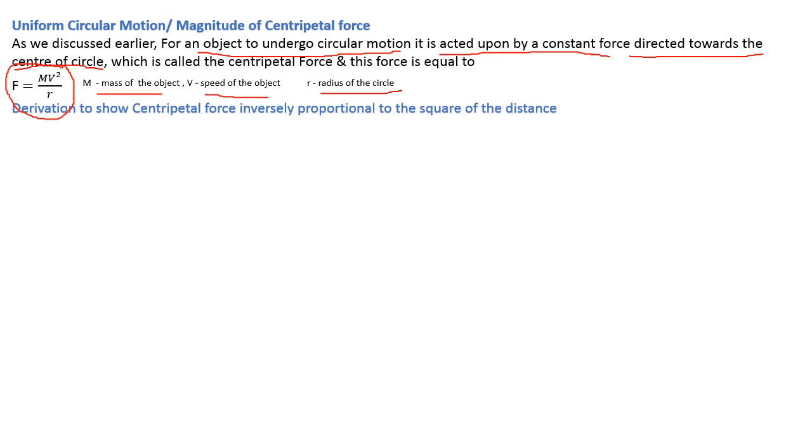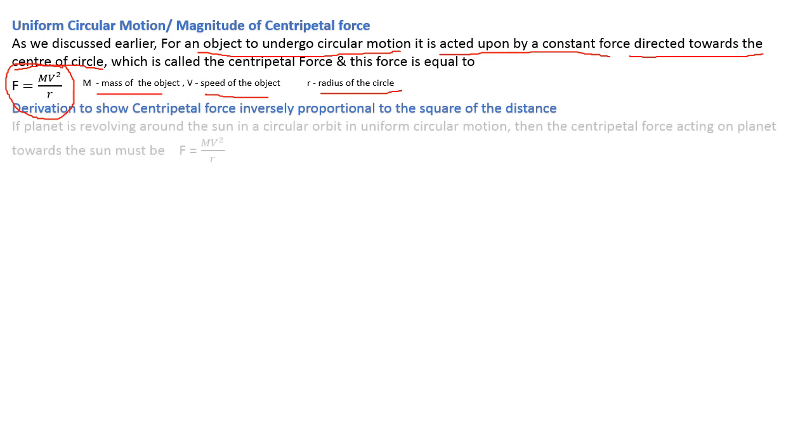As we have discussed, if the distance increases, the centripetal force decreases, and if the distance of the planet from the sun decreases, then the centripetal force will be more. If the distance is increasing, then the centripetal force is going to be less. So that derivation we are going to see. Let's move further.